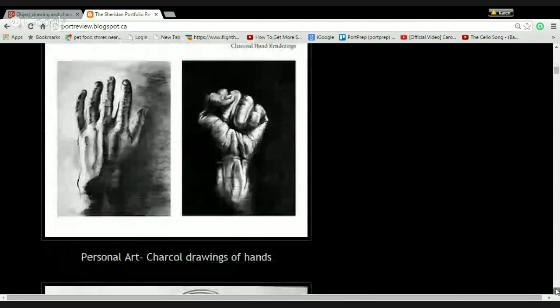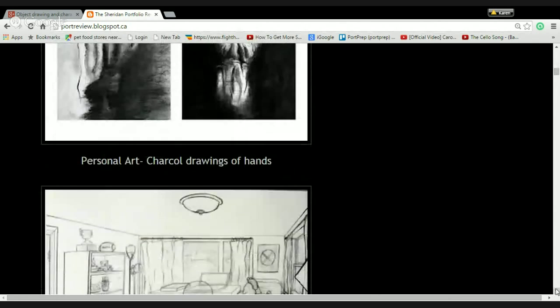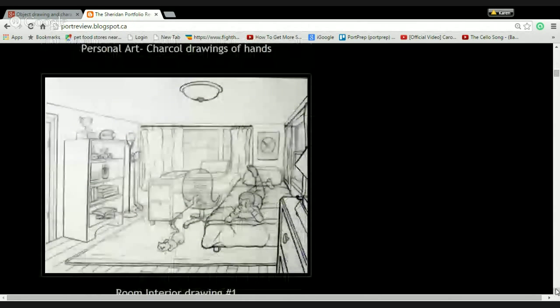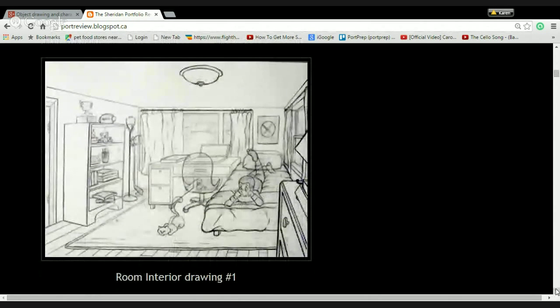These are examples of past students. One of the things you have to include in your portfolio is drawing a room setting. If it's an illustration, they want a room setting point of view, where you're seeing from one point of view, and then you have to draw what you're looking at from another point of view.